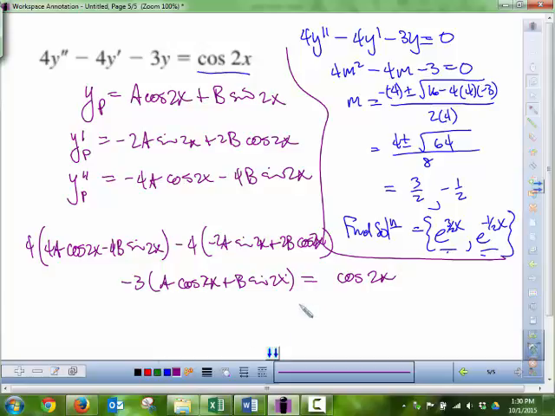So let me just write down on the right-hand side, I have 1 times cosine 2x plus 0 times sine 2x. That's the right-hand side of the equation. And so on the left-hand side, somehow, I need to simplify this to be some linear combination of sine 2x and cosine 2x.